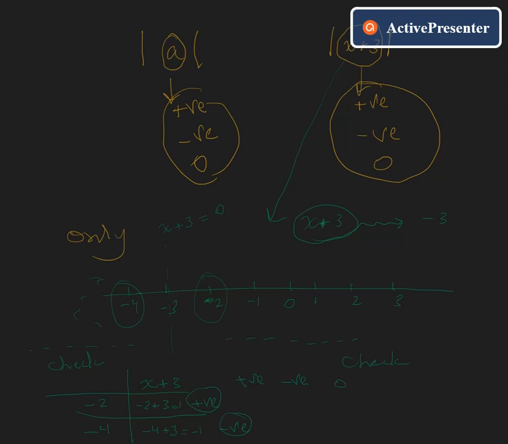Okay? The expression x plus 3 is positive when values are in this range, and x plus 3 is negative when values are in this range.